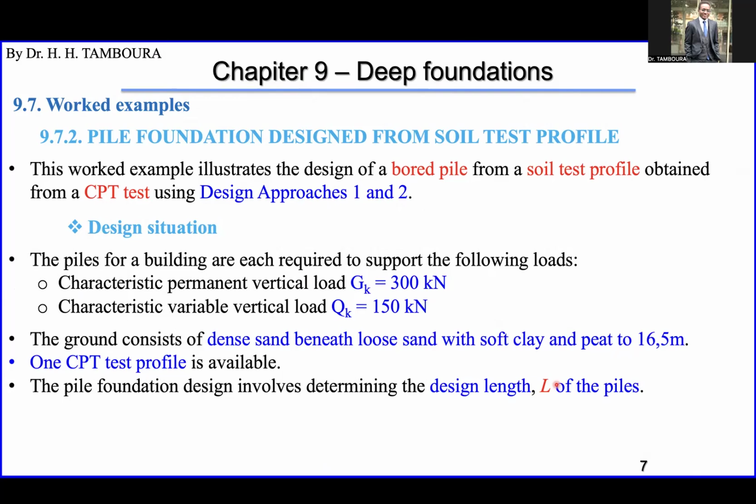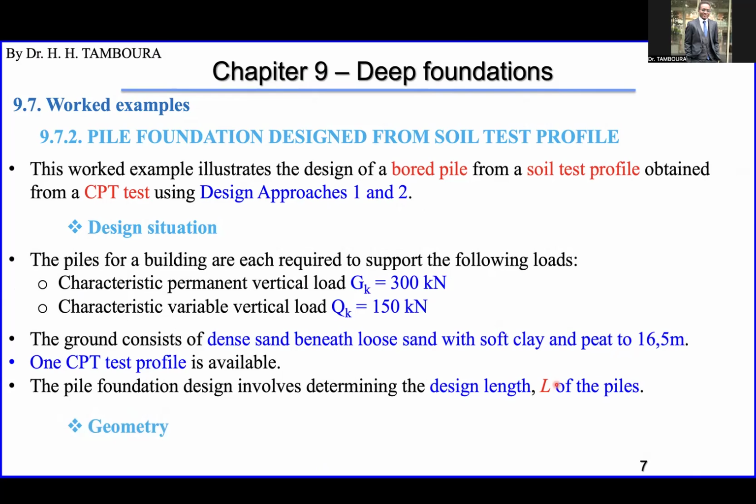You can say, okay, I want my pile to be this length, and you go to find out the diameter you need. But that is not really a good approach. It's better to fix the diameter and then go and find out the length we need.